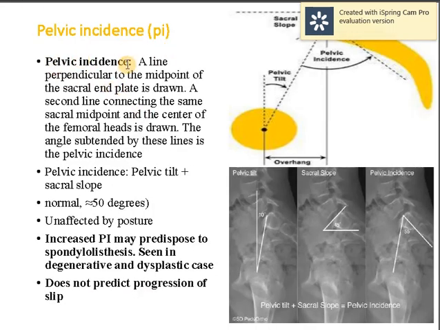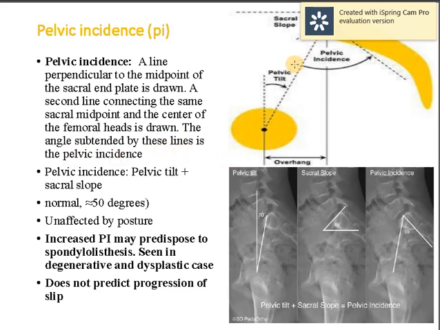PI, pelvic incidence. A line perpendicular to the midpoint of the sacral end plate is drawn. A second line connecting the same sacral midpoint and the center of the femoral head is drawn. The angle subtended by these lines is the pelvic incidence.